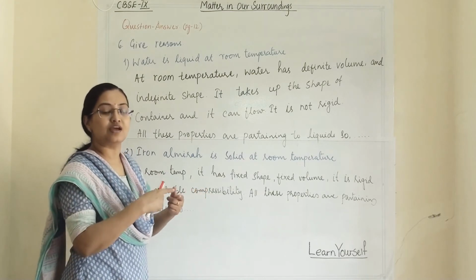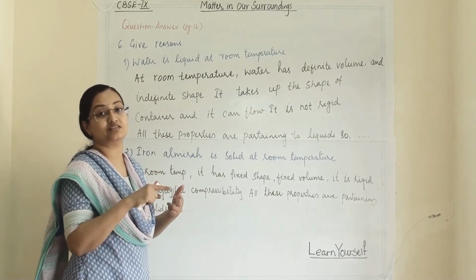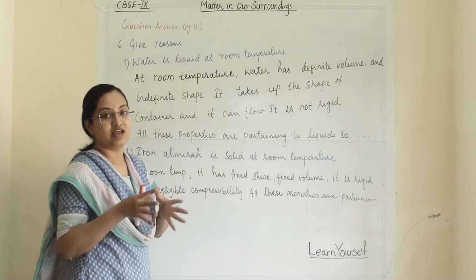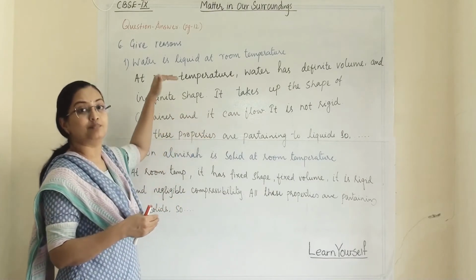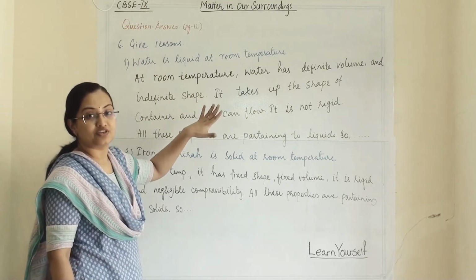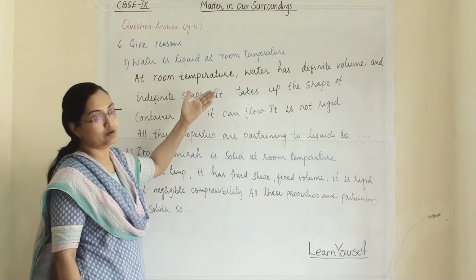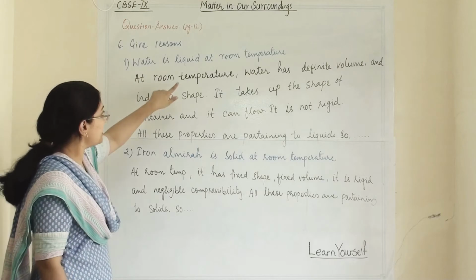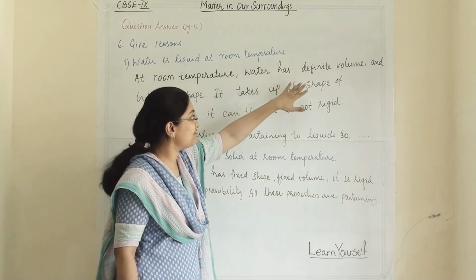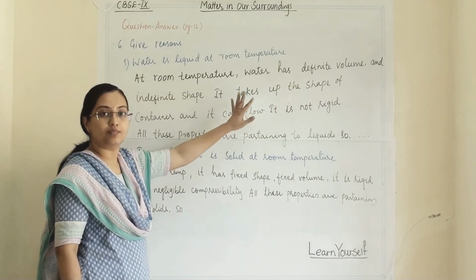For that we have to note down all the characteristic properties of the liquid state, and then say that water possesses all these properties at room temperature. So that's why water is liquid. I have written it like this, that at room temperature water has definite volume. I have written all the properties in a sentence.